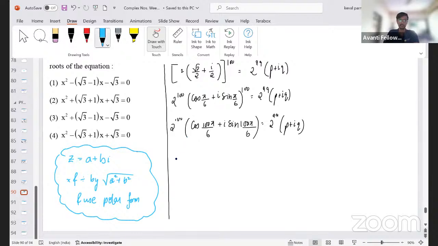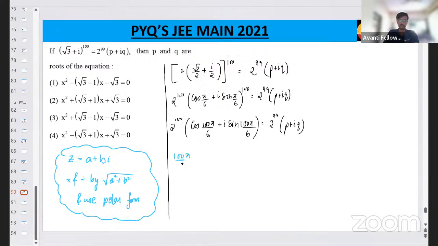So let me write it here. 100 pi by 6 is basically 50 pi by 3. I can write 17 pi minus pi by 3. Please check: 17 times 3 is 51, minus 1, 50 pi by 3. So 17 pi.